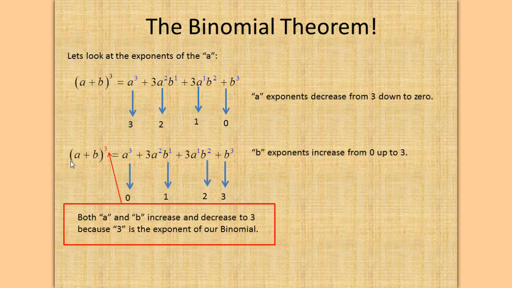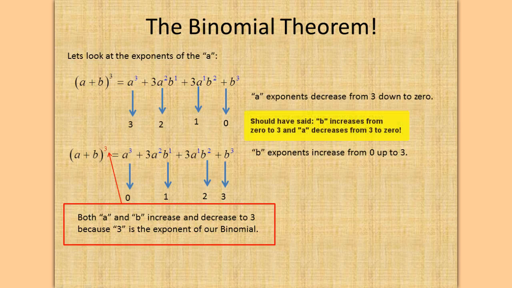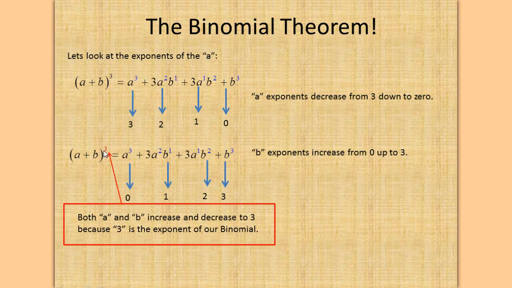Our binomial has been cubed, so it went to 3. If this exponent was 4, they would decrease and increase to 4. If this exponent was 20, they would decrease and increase to 20.